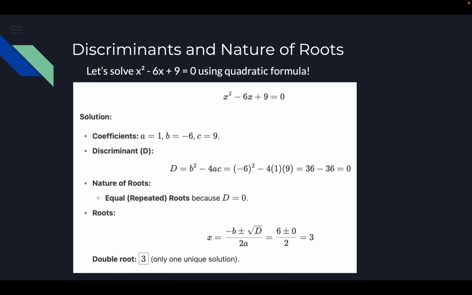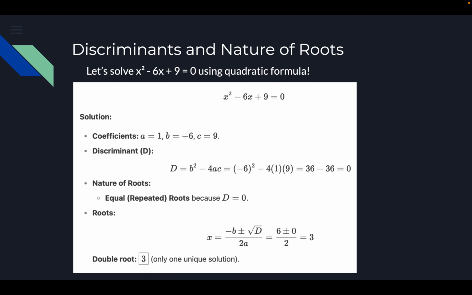Let's take x square minus 6x plus 9 equal to 0 and solve it using the quadratic formula. Here we take the coefficients a equal to 1, b equal to minus 6 and c equal to 9. To find the discriminant, we put the formula again, D equal to b square minus 4ac.